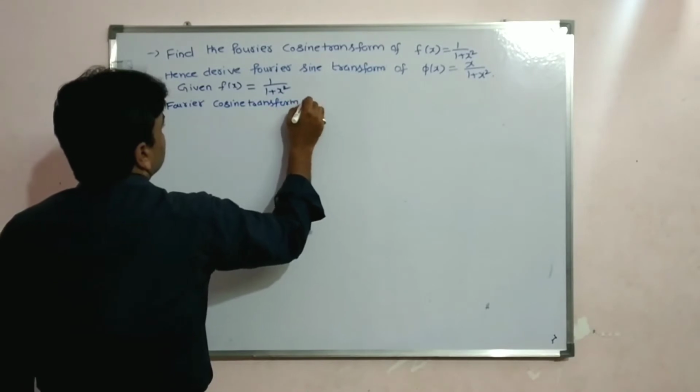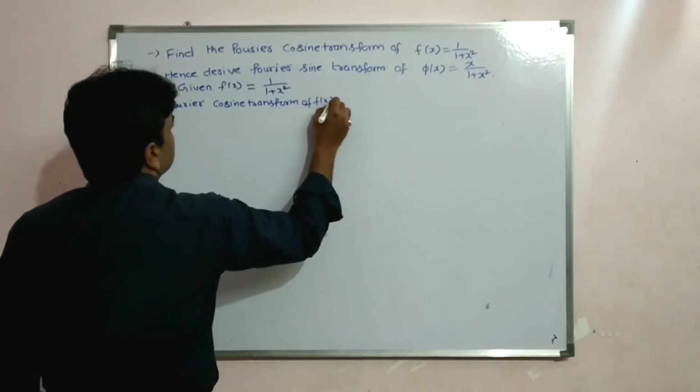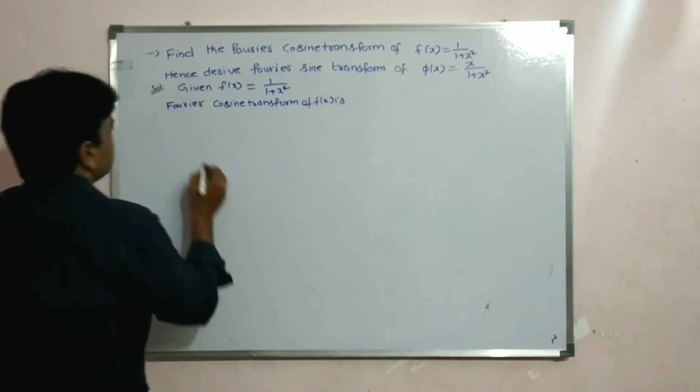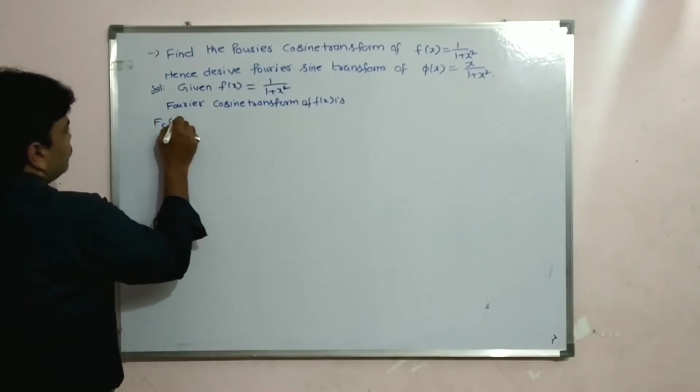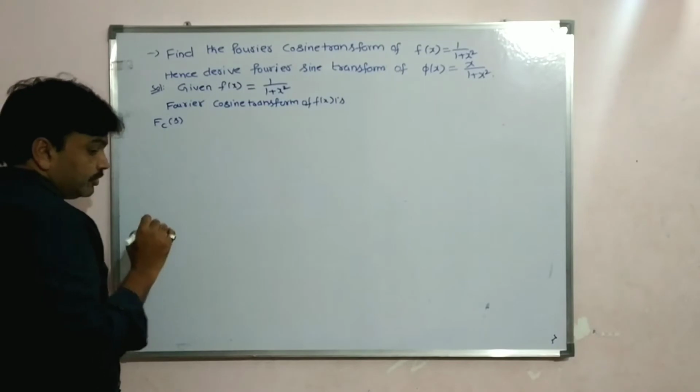The Fourier cosine transform of f of x is denoted by fc of s.